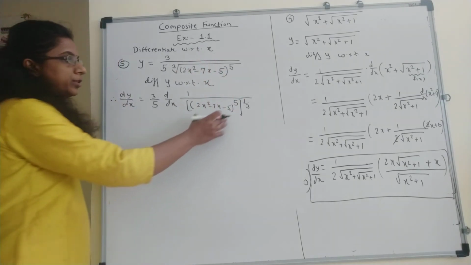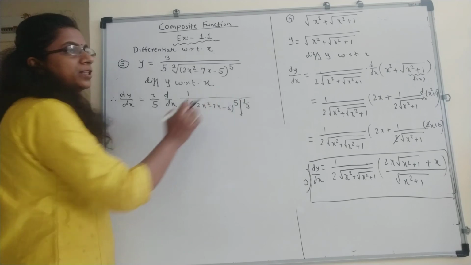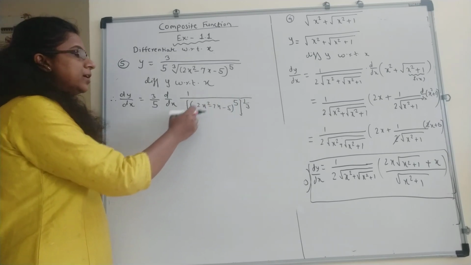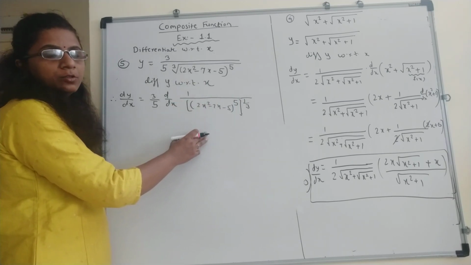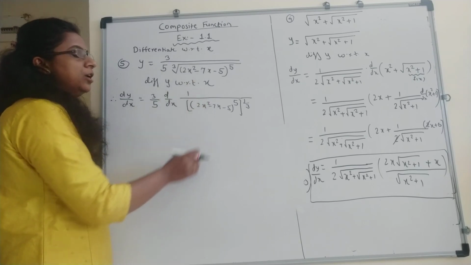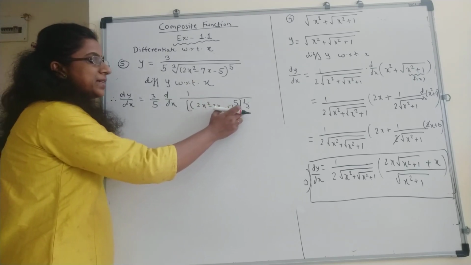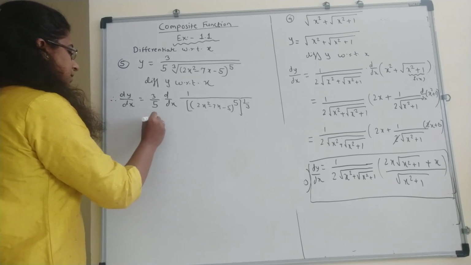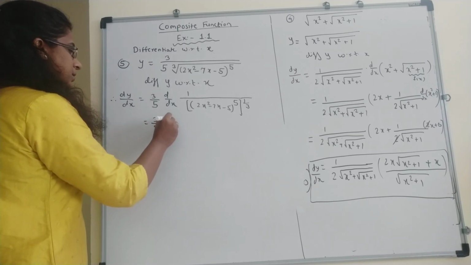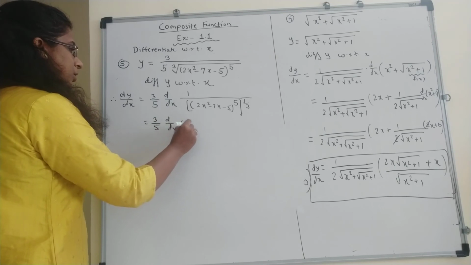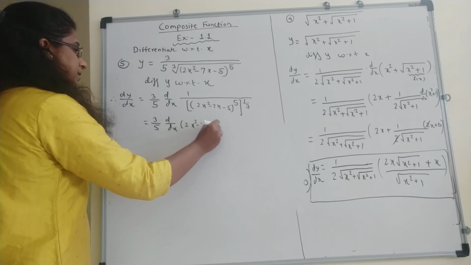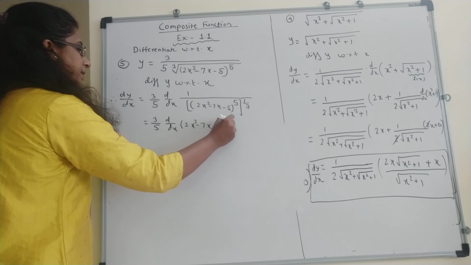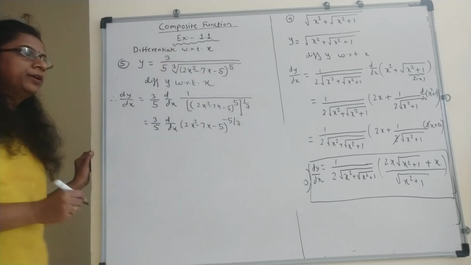That means this whole term raised to 5 by 3 is there, and this whole term is in the denominator. So first of all we will take it in the numerator, so the positive index will become negative. And so this term is 3 upon 5 times derivative of 2x square minus 7x minus 5 raised to minus 5 by 3.